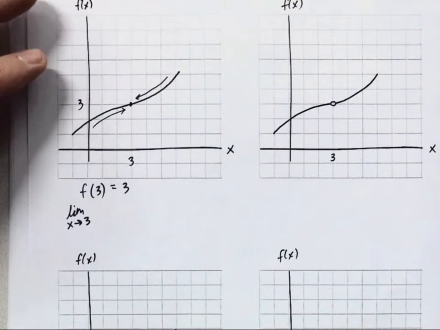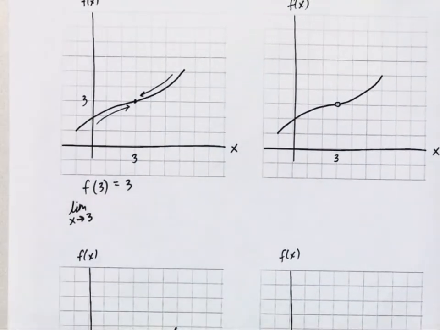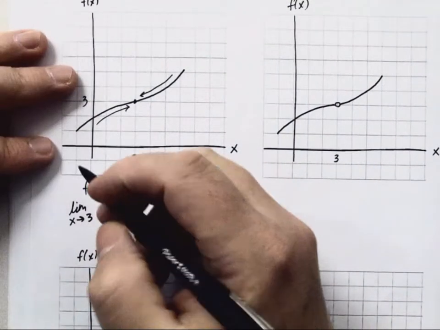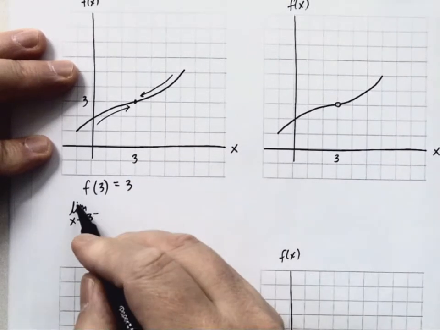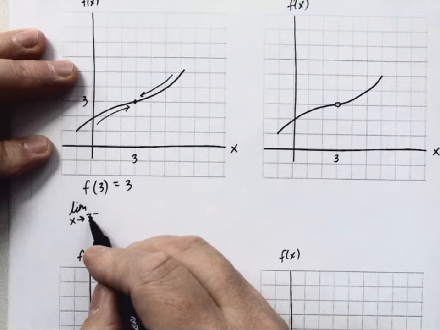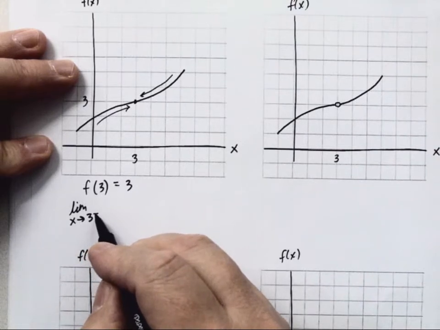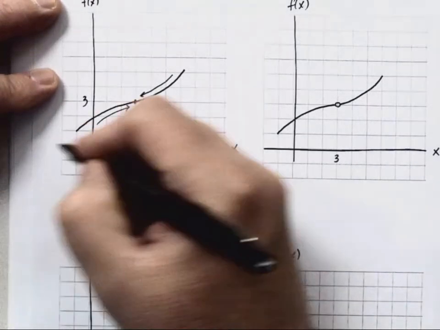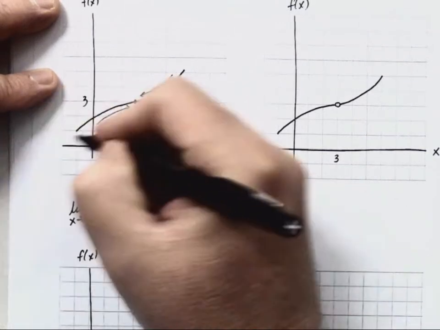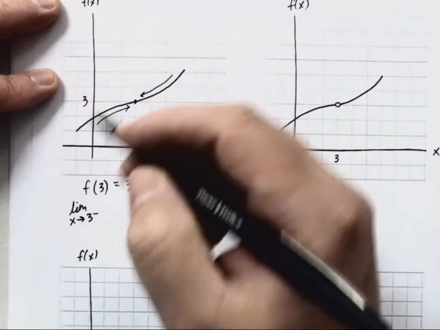Well, when we want to distinguish how we approach the point, we put a little sign here. So this is going to be the limit as x approaches 3, and this means from the negative side, or you could think of it as from the low side. Because negative x is over here, so we think of this as the negative side of the graph.